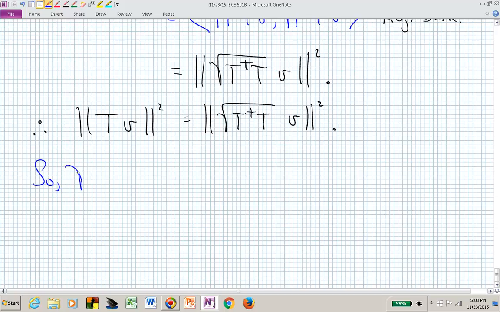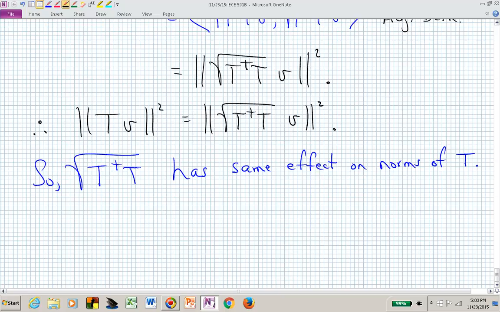So the square root of T dagger T, which is the positive square root of T dagger T, has the same effect on the norms as T. And that's good because our factorization had an isometry times the square root of T dagger T, and that isometry we know doesn't do anything to the norm, does it?